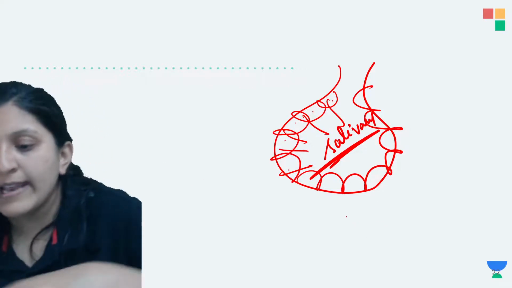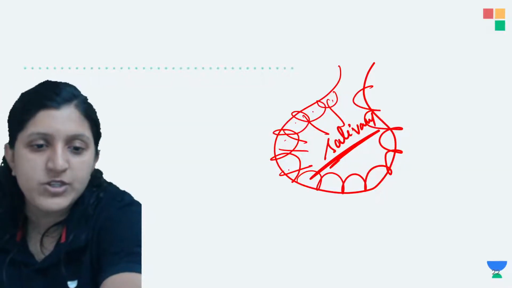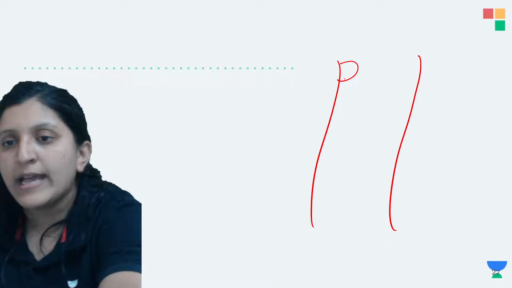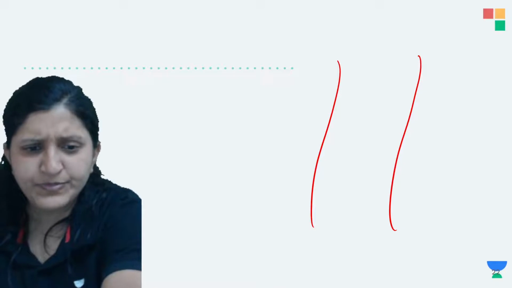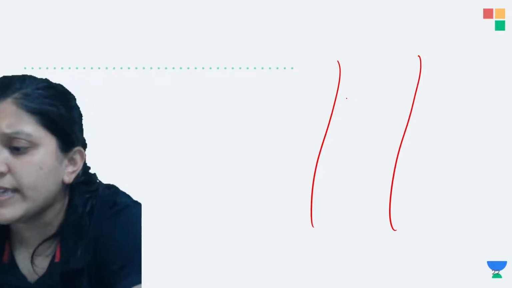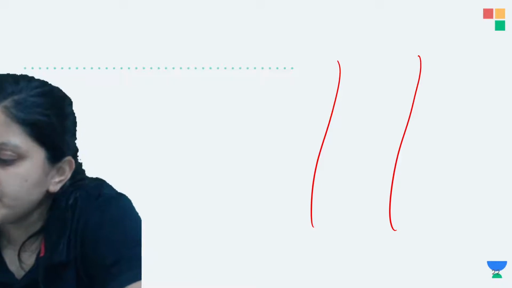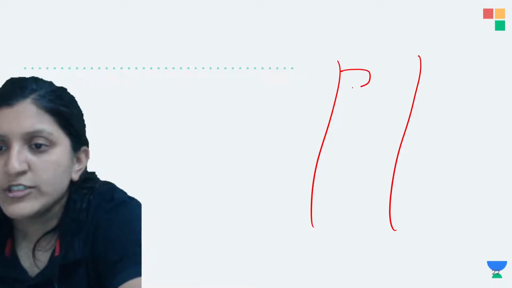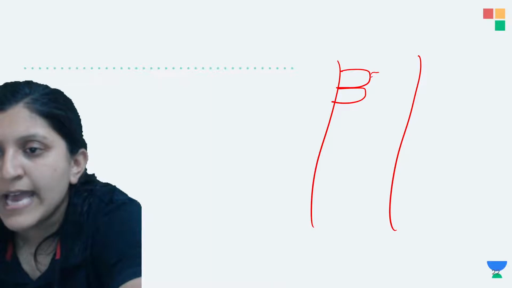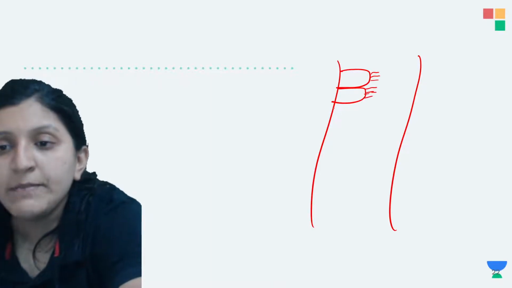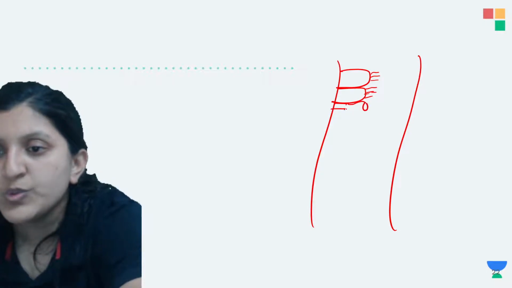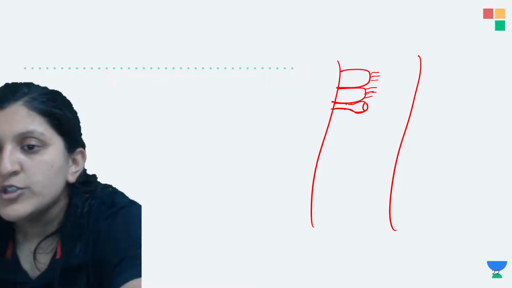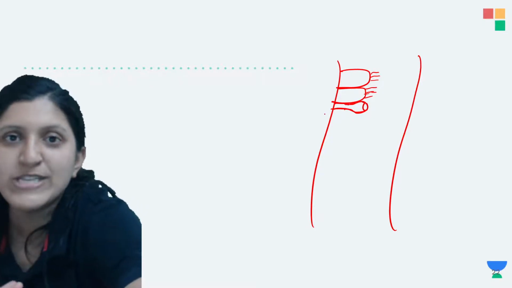Now again, I told you about the trachea, so I'll explain it here. This is the windpipe, or trachea, and I told you that there is a columnar epithelium present. This one is columnar epithelium, which has cilia, and in between you can find goblet cells. This one is the goblet cell, which appears like a goblet, the glass used for drinking.